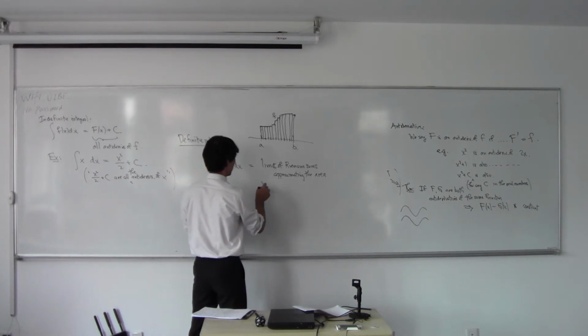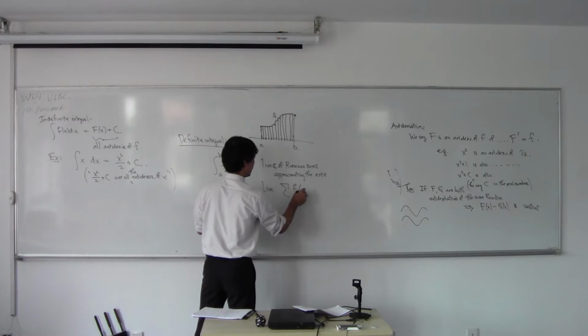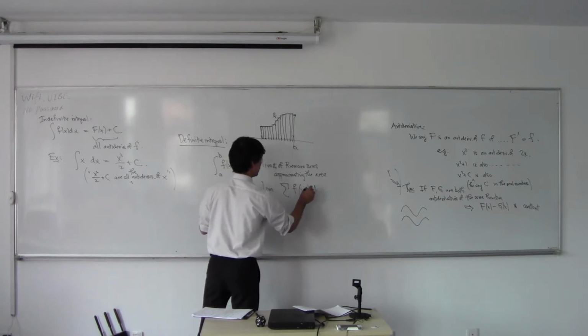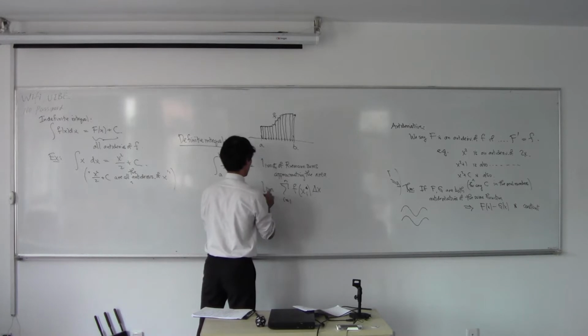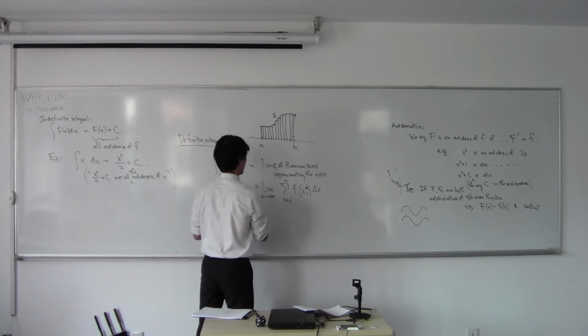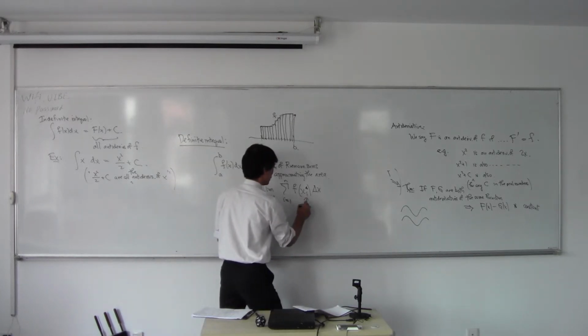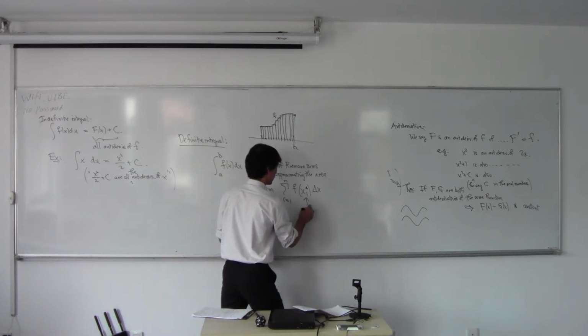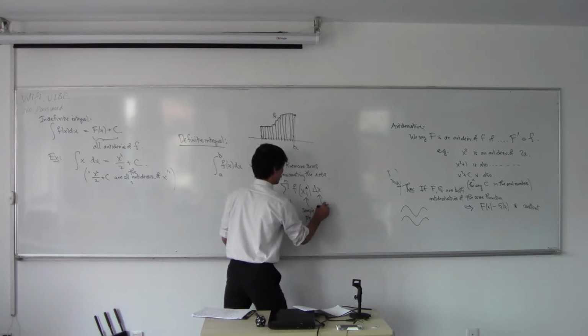The limit of the summation of f of x_i star delta x, i equals 1 to n, as n goes to infinity. This sort of thing, where these are sample points and delta x is the width.